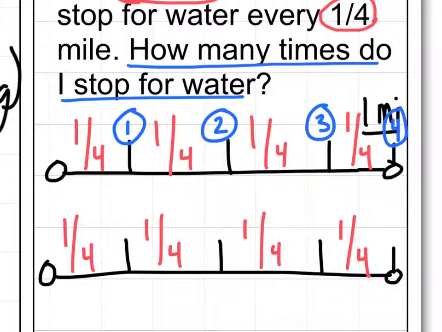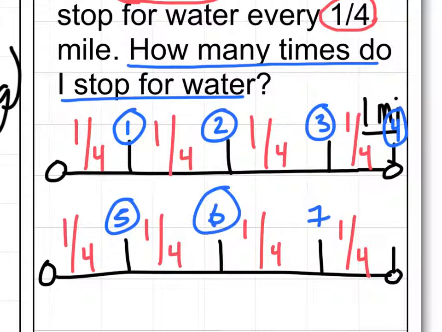And that gets me to 1 mile. And if I keep going on my second mile, run a fourth and I stop, get water, run another fourth, stop, and get water, run another fourth, stop and get water, and then finally hit 2 miles and stop for water.